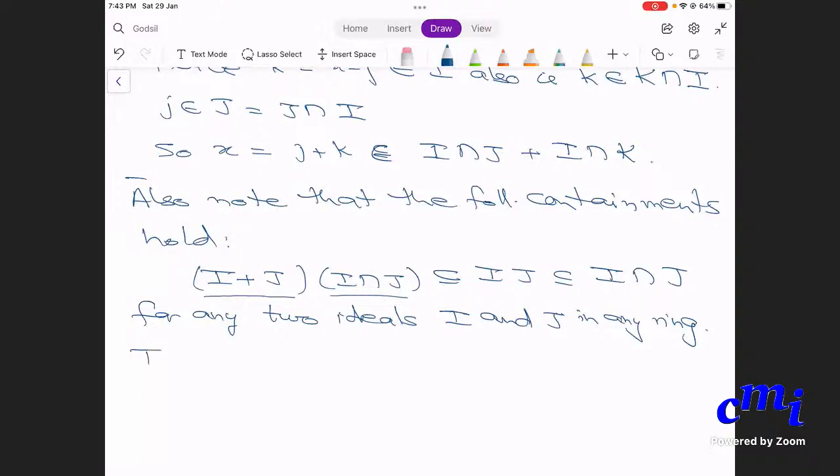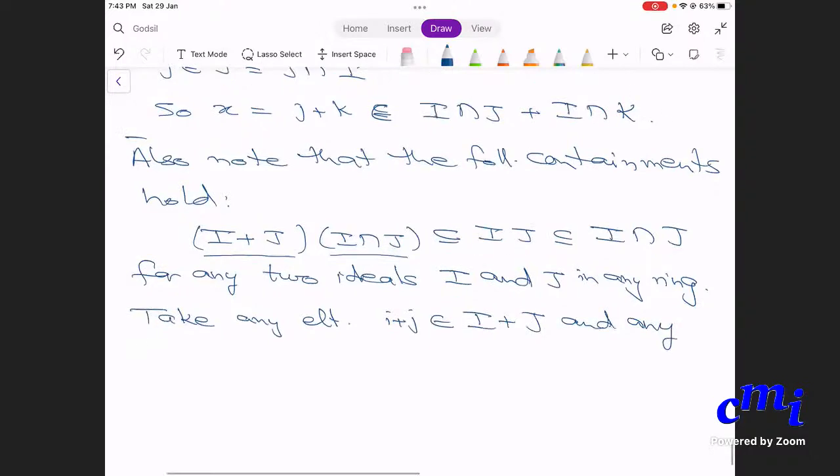Take any element i + j in I + J, and any element in I ∩ J, I'll call that k.